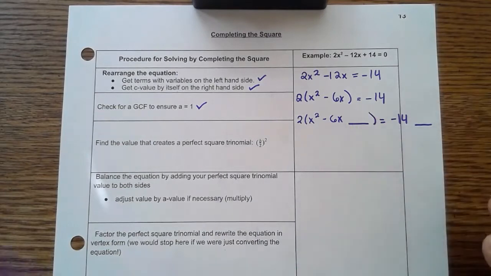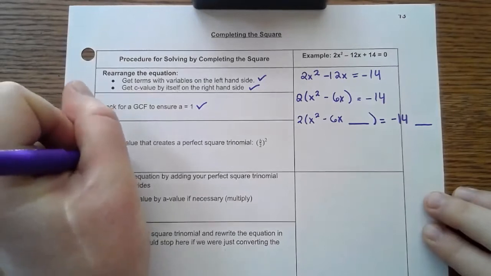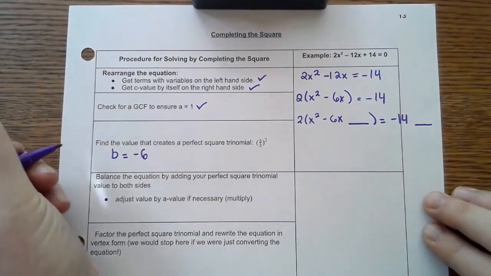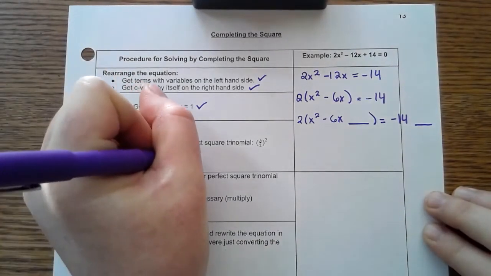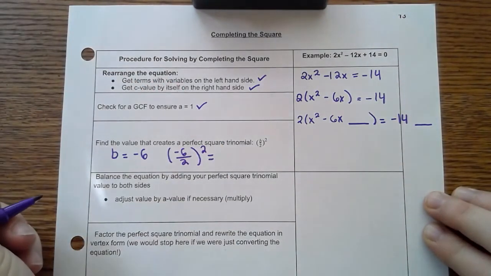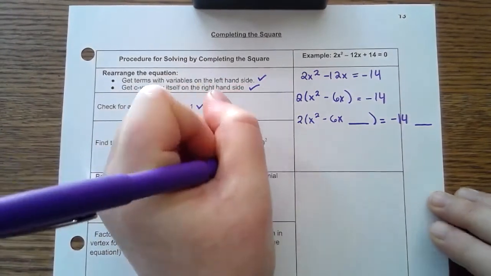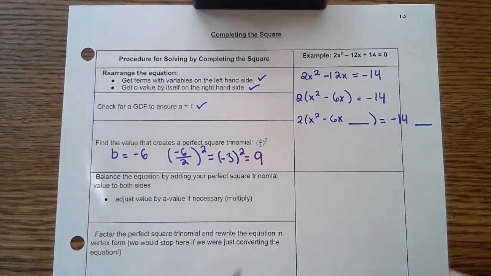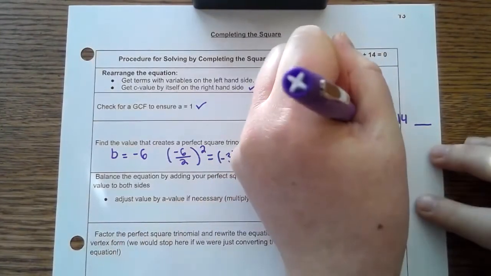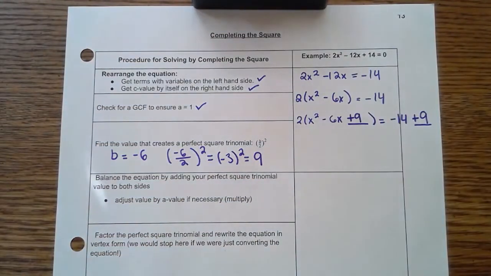We have to keep our equation balanced. So b equals negative 6. So that's going to be negative 6 over 2 squared. So that's negative 3 squared, which is going to be positive 9. So it's saying add positive 9 here, and whatever you have to do to one side, you have to do to the other.